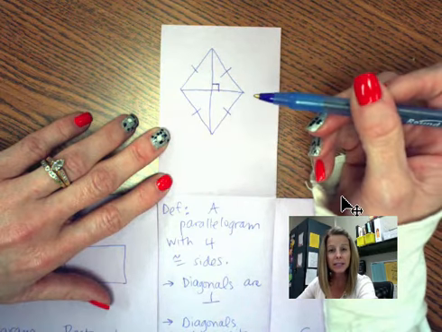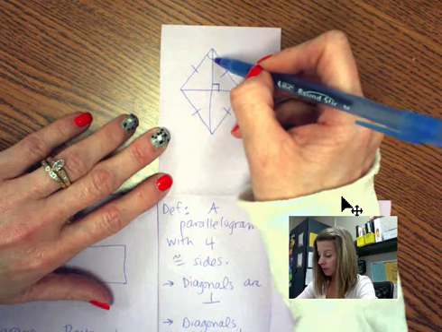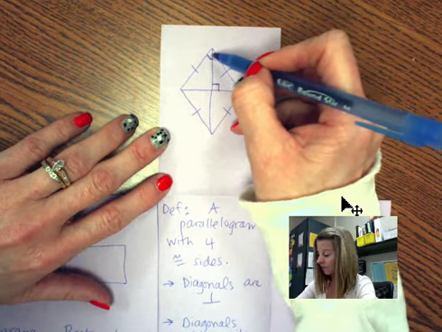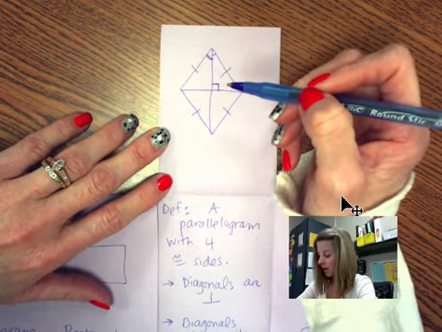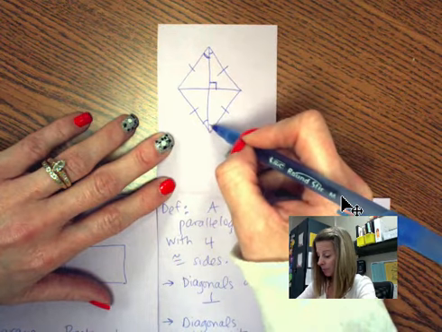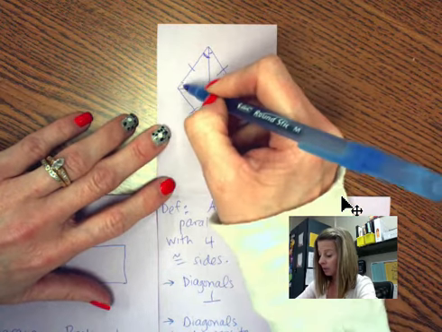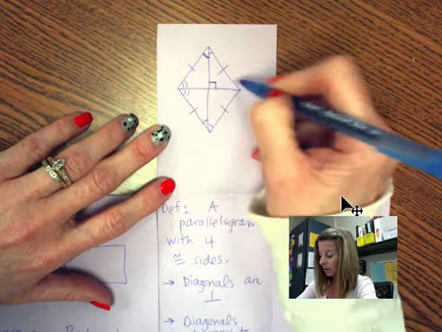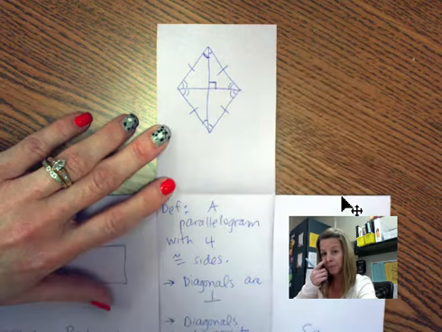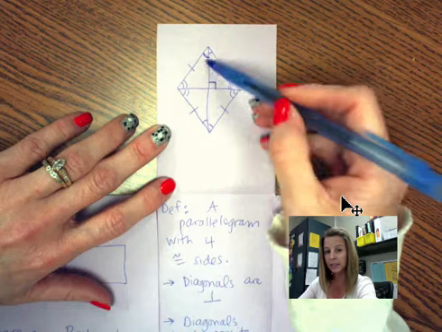And if it bisects the angles, then that means at the very top here, this diagonal has chopped either side in half. Okay? And then it's done the same thing down here, and I can put a single arc because remember, these were congruent to begin with, so they're equal on either side. So I'm going to do the same thing on the left and the right. So this is what it would look like to have perpendicular diagonals and it bisects the angles.